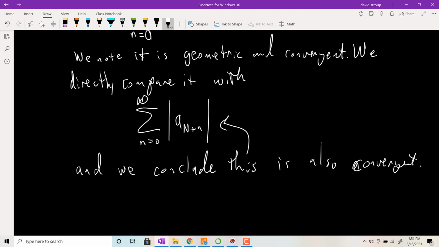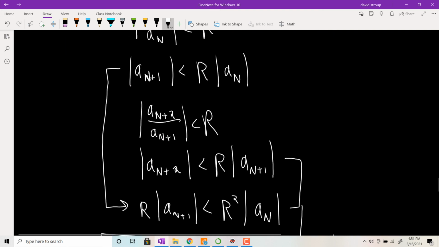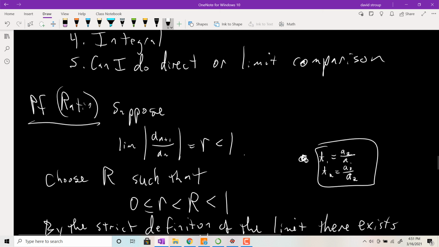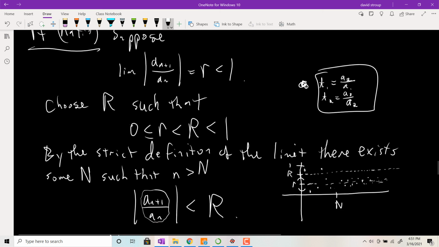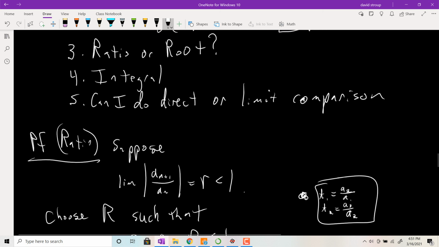Okay. So what is that thing that I have? Well, that thing is basically just a shortened version of the series absolute value of a sub n, which is the series that I care about, right? So this ratio test here is trying to figure out whether the series of a sub n converges.